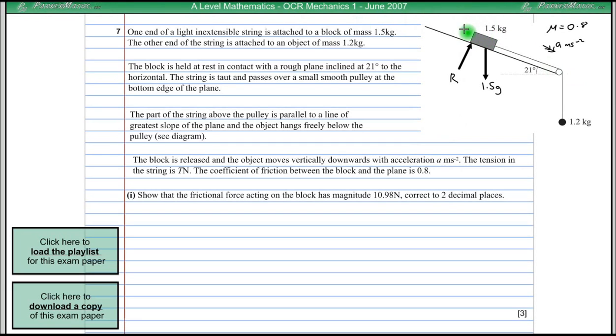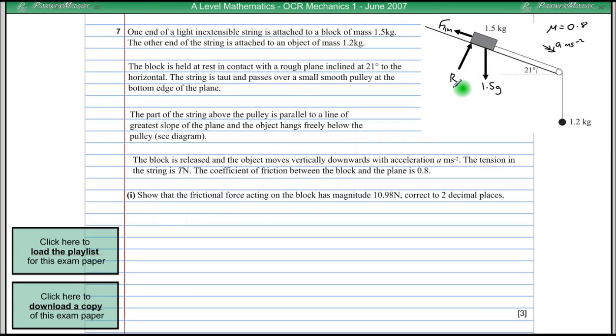Well, we know the block's moving down the slope, so limiting friction applies, and it's going to be in the opposite direction to movement, so we'll put F lim just there. So that's all the forces applied to the block. There are some forces on this which we'll probably have to consider later on in the question, but considering we're only interested in the friction, we're only bothered about these forces here.